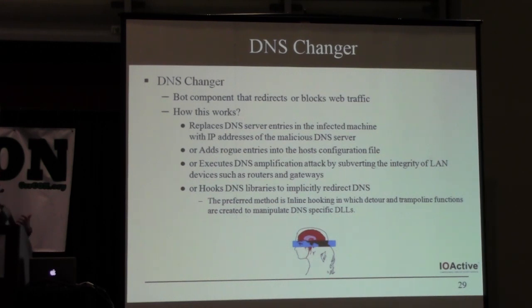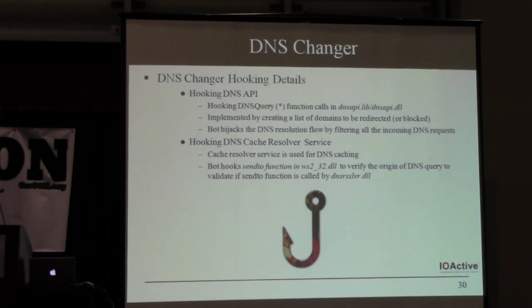Now, how are present-day botnets doing it? Again, it's the concept of hooking, and we're going to look at how they hook DNS. The first one is hooking the DNS API. In Windows, we have the DNSAPI.lib and DNSAPI.dll library, which exports functions like DnsQuery.